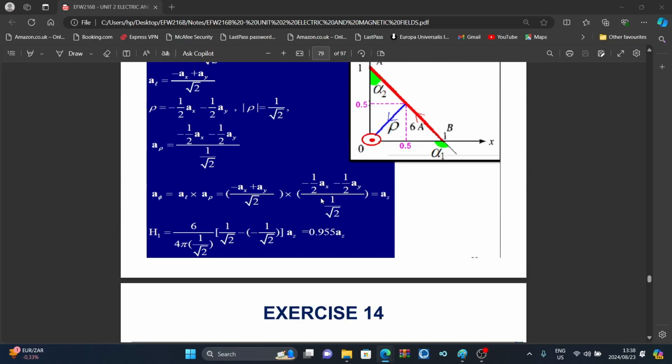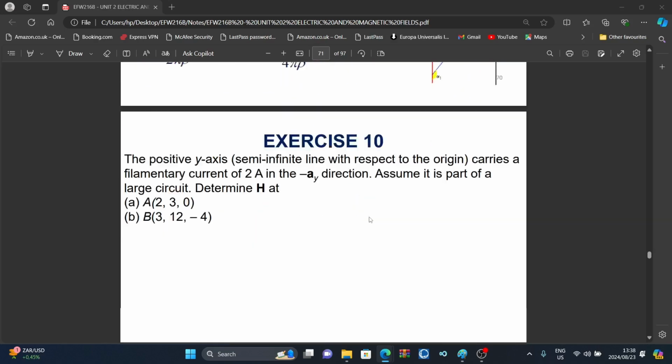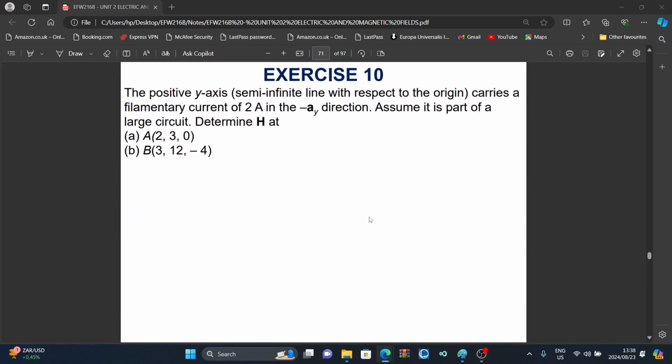So I leave these examples for you to practice. So let's do number B. Again, we start with a diagram. Now in this case, it will be three-dimensional, so the diagram can be a bit confusing.